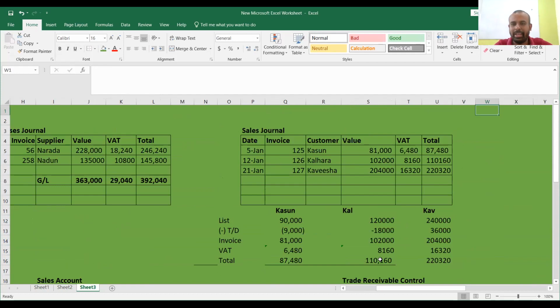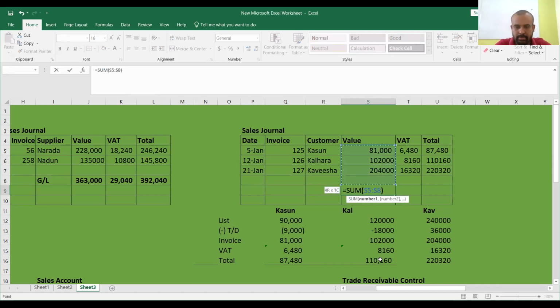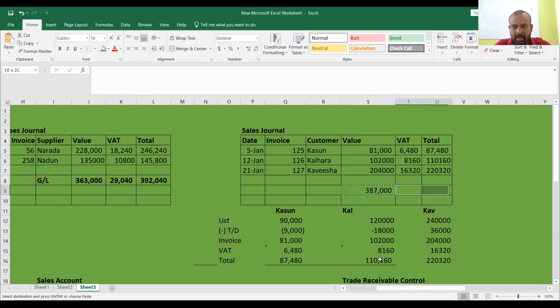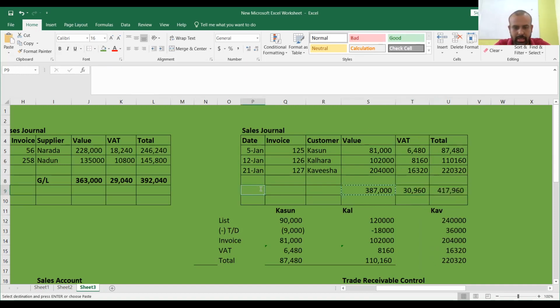Now what else is to be recorded? The sales journal. Now take the total of the sales journal. 387,000. Then you say total posted to GL.